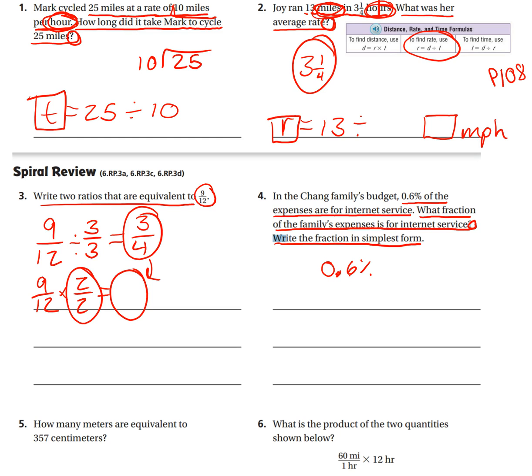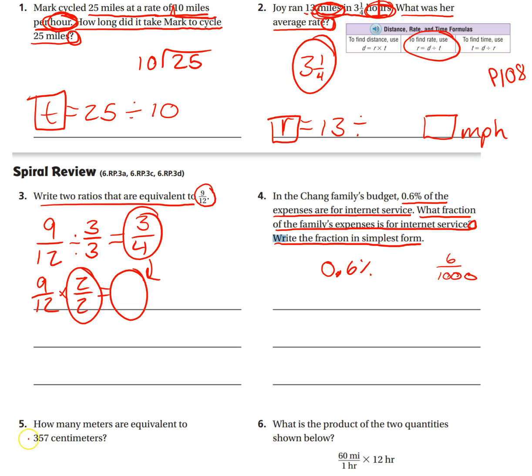And that percent is in the tenths place. So if that 6 was in the ones place, it would be 6 over 100. But since they moved the 6 back and it's in the tenths place of the percent, it's going to be 6 thousandths.